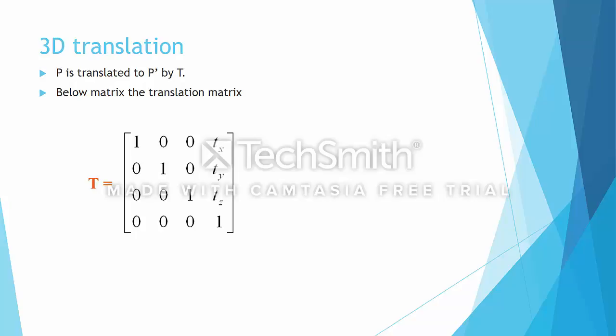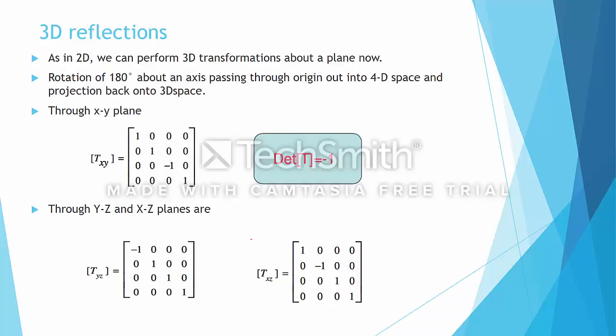3D translation is where a point P with coordinates x and y is translated to P dash by T, that is the transpose. That is the translation. Below matrix is the translation matrix. 3D reflections. We can also perform 3D transformations about a plane now.